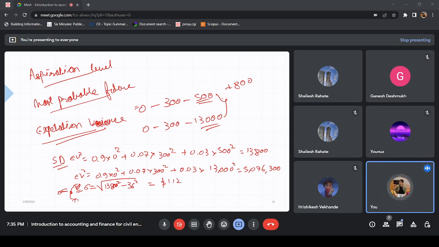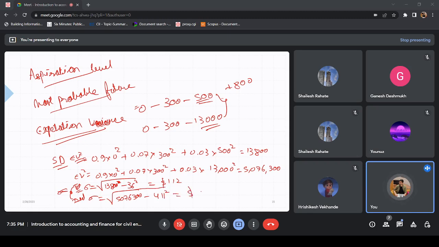In the second case, sorry, we don't have to square it because we are already taking the square values. So this is 5076300 minus 411 square was the cost, right?